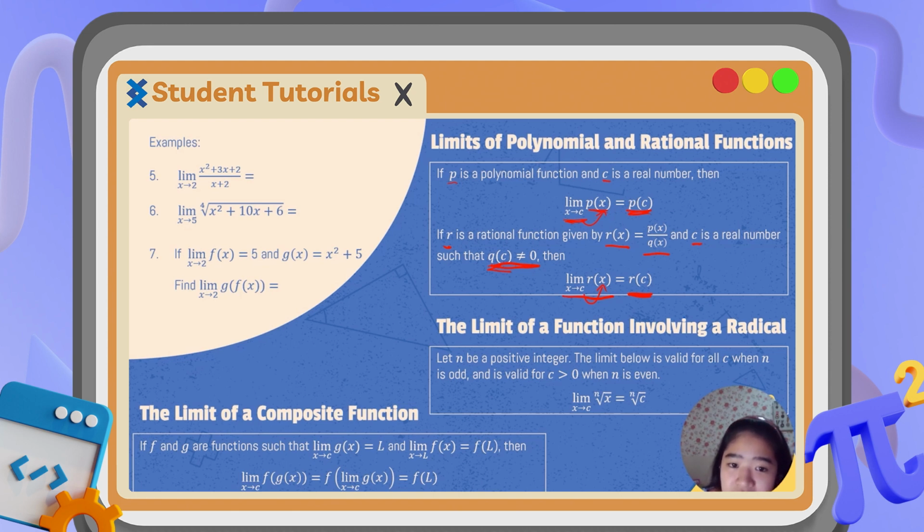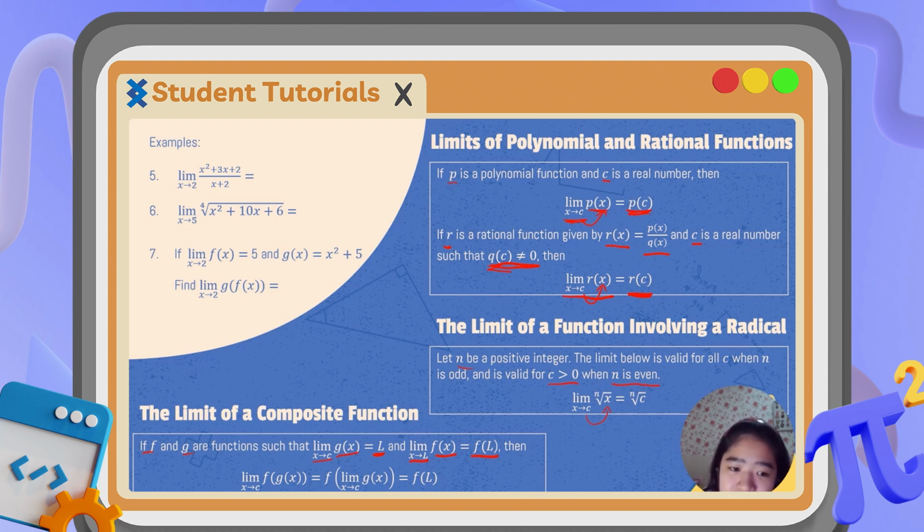Okay, then similarly here, if n is a positive integer, the limit below is valid for all c when n is odd. So if you have the nth root of x, you just substitute c here when n is even and c is greater than 0. And okay, last here, the limit of a composite function. So if f and g are functions such that the limit of g of x as x approaches c is equal to L, and the limit of f of x as x approaches L is f of L, then you can substitute their values here.